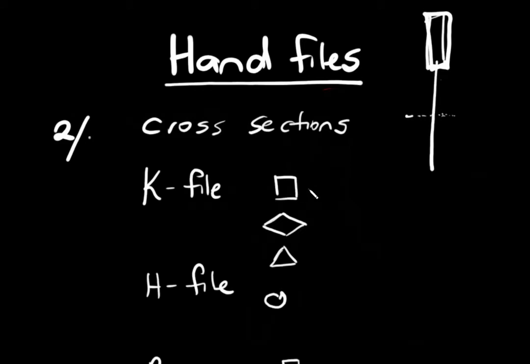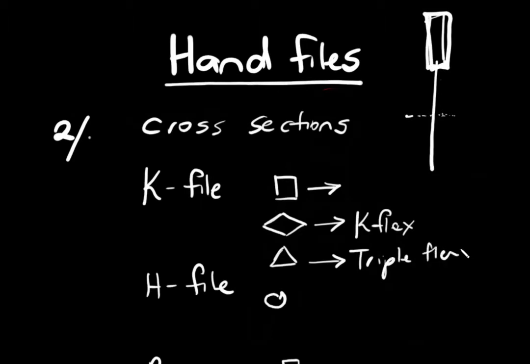So standard K file, that you refer to as a K file, is a square cross section. The next one, call it a K-flex file. Dentsply I think refer to it as a Flex-O file, and the triangular cross section is referred to as a triple flex, for a logical reason, because it's a triangular cross section.